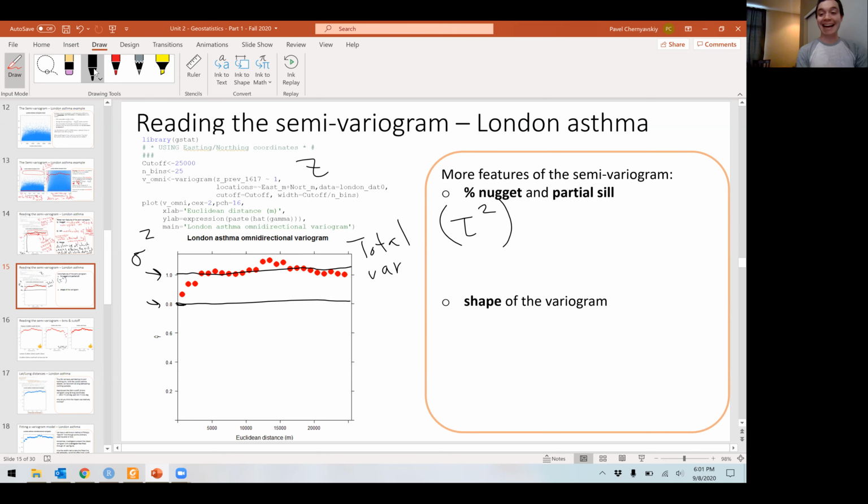I'm waving my arms for now. I hope we'll spend a lot more time on this in the second part of this unit. So, long story short, what you're looking for is linear behavior at the origin, linear versus curvilinear.